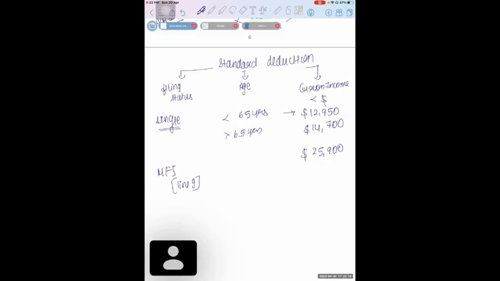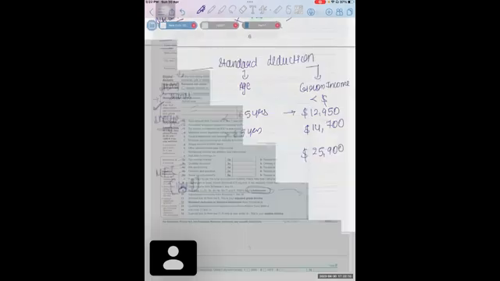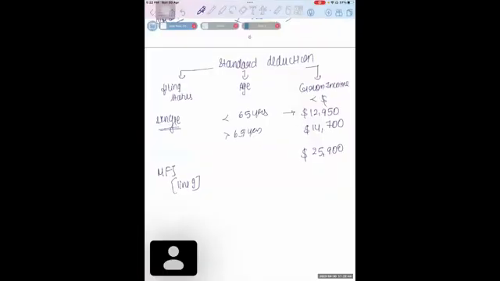Or directly here, you can see line number 12, standard deduction, 25,900 will be deducted from your gross income. After that, there will be some adjustments and there will be AGI. We'll come to it. Don't worry about the terminology; we'll understand that in a deep manner.